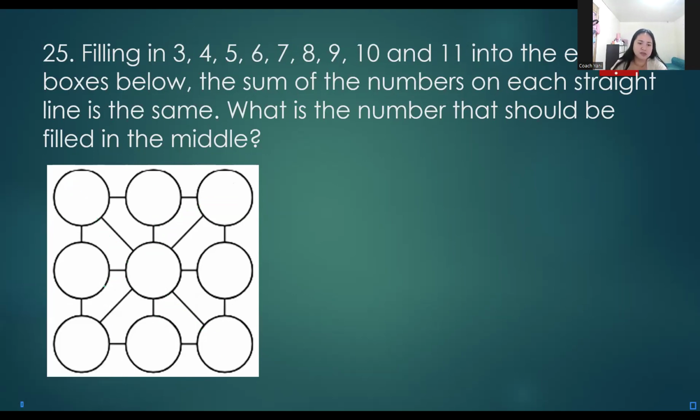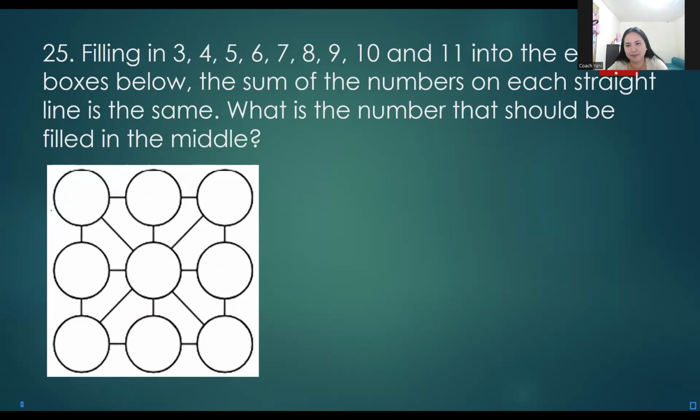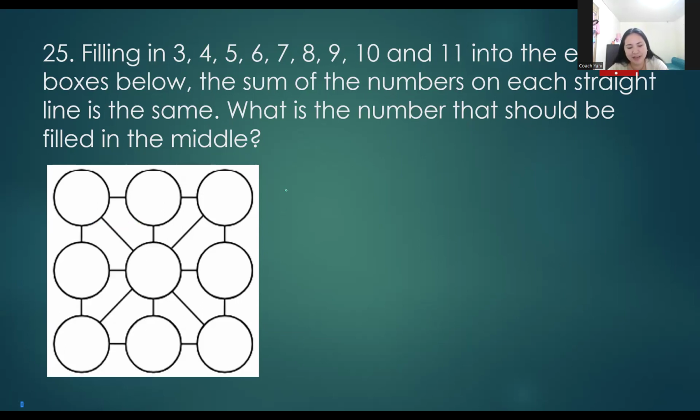But the problem with this one is that we need to know what the sum is. What do you think is the magic sum? The sum for every row, every column, and every diagonal. How would you find that? To find the magic sum, you just need to add everything.